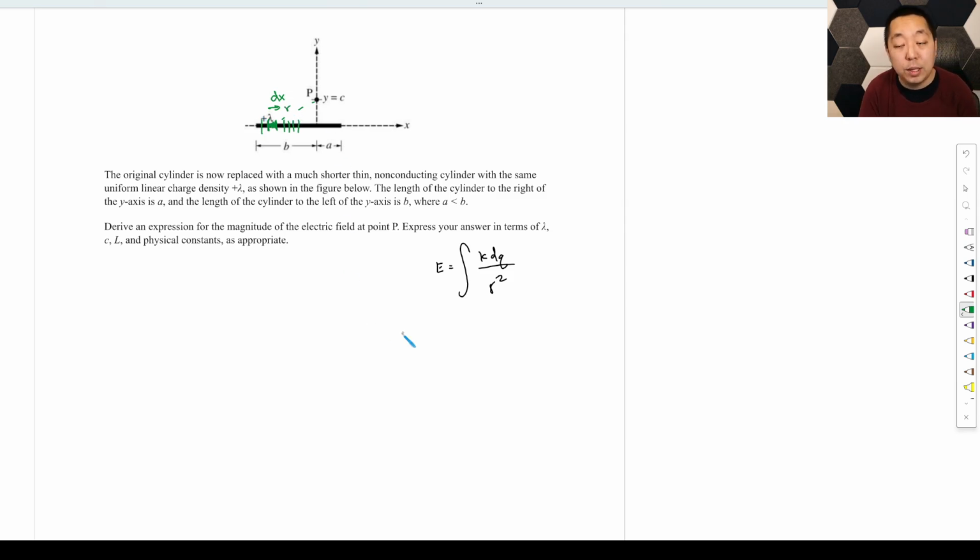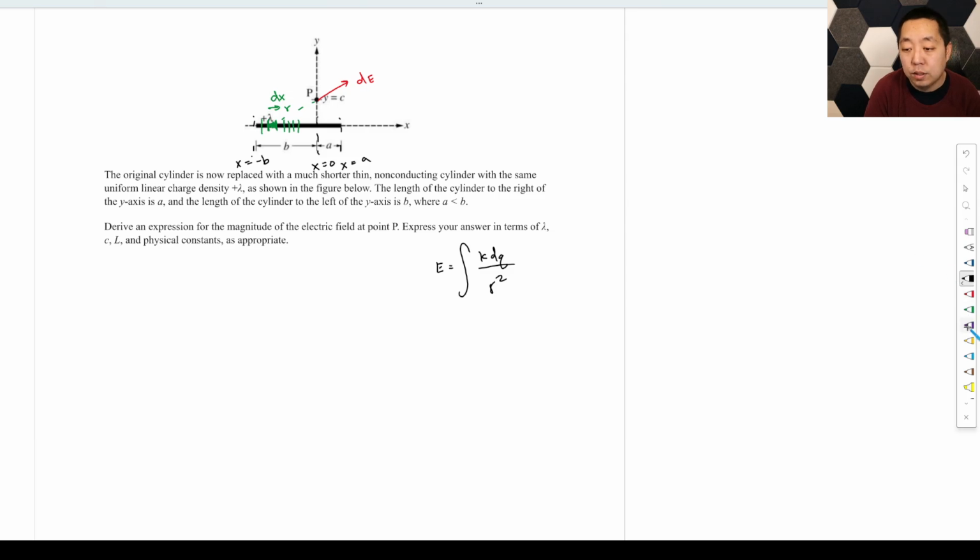Remember, we've got to think about the electric field. The electric field is a vector, so I've got to think about this component here. This is the contribution of the electric field from this point charge right here. Now let's establish a coordinate system. This is going to be x equals 0. Over here is x equals negative b, and this is x equals a.